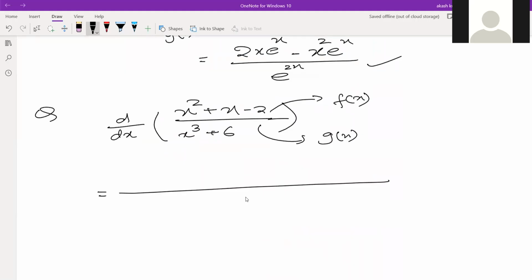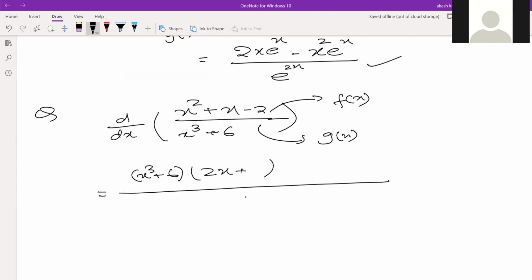Yes. Okay. So this is g of x and this is f of x. Using the dividing formula, g of x is x cubed plus 6, right? And then we have to differentiate f of x. So f of x will be x squared plus x minus 2.